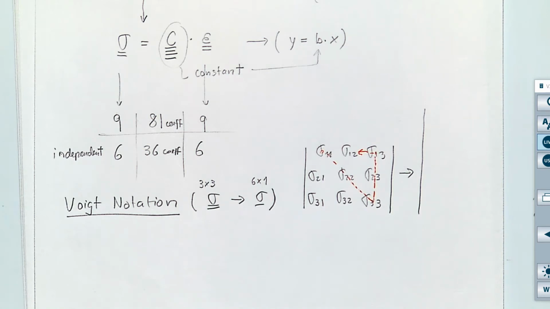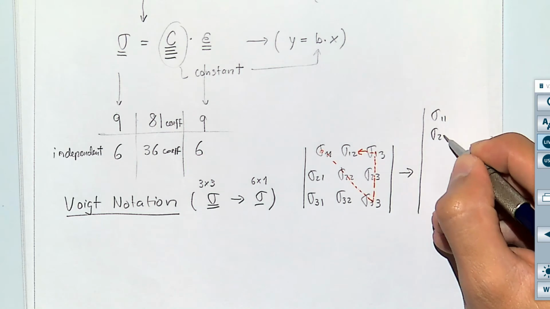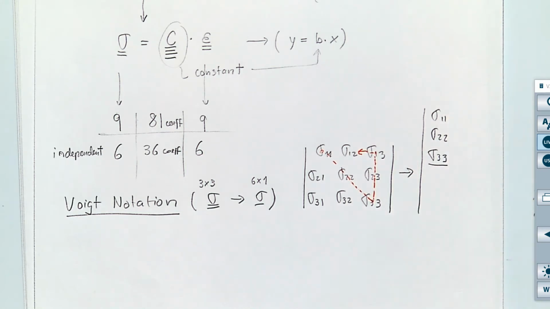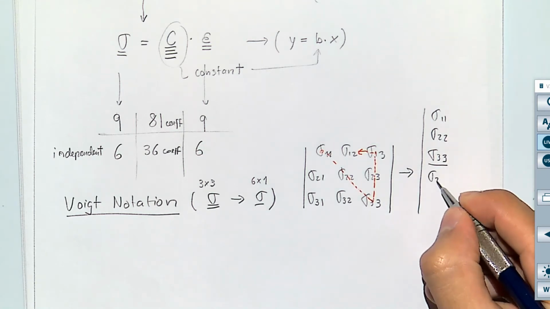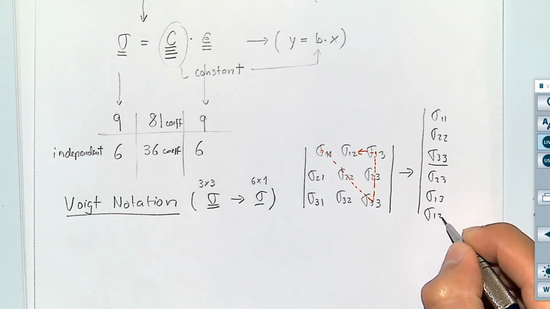Okay? So it's going to be sigma 1 1, sigma 2 2, sigma 3 3. I like adding a line over there to separate normal stresses from shear stresses. Sigma 2 3, sigma 1 3, sigma 1 2.